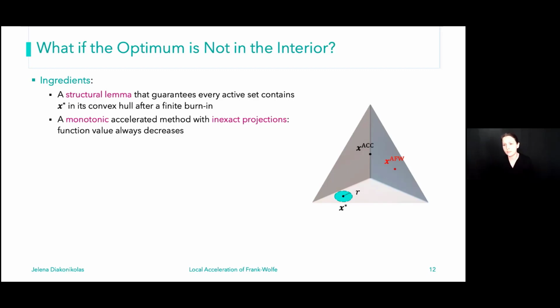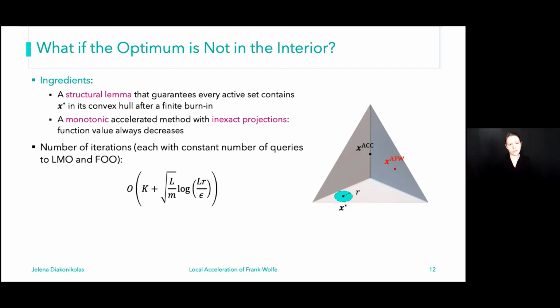We need to also support inexact projections and other things for everything to check out. So what you end up with in terms of the number of iterations, each with a constant number of oracle queries to the function and to the linear minimization oracle, will look like this. You'll have some finite burn-in that's independent of epsilon, and then you're going to get this accelerated convergence.